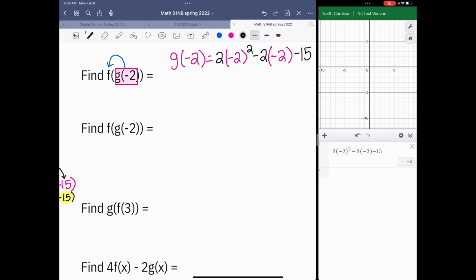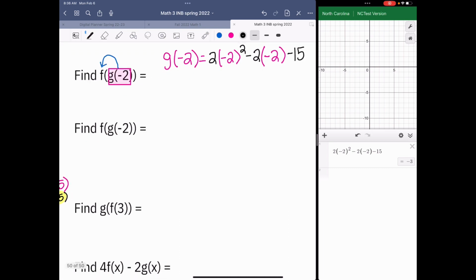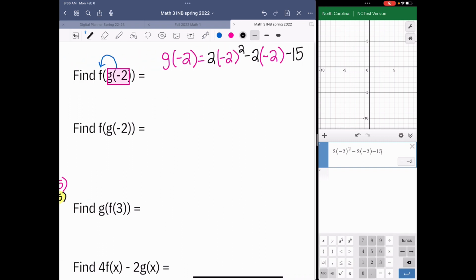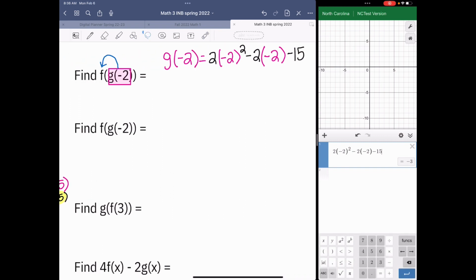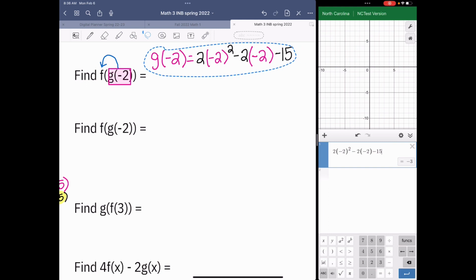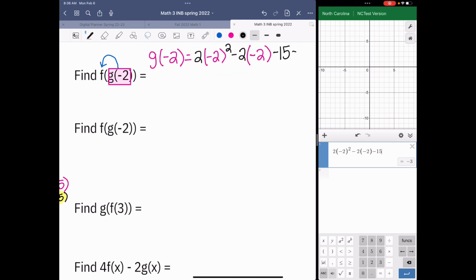Now, we actually already did that in this particular problem. We already plugged -2 in from the previous. So my output here is going to be -3. Now, -3 is not my final answer. Now what we do is we need to take -3 and plug -3 into the f function.